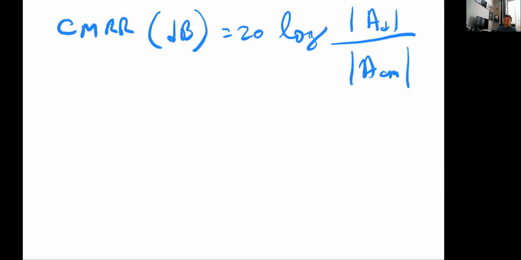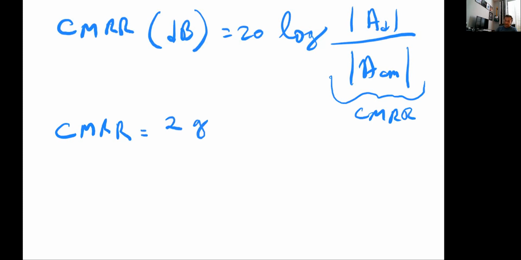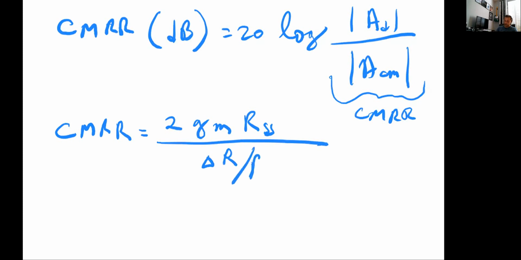And if we go back to the previous expressions that we have derived, the common mode rejection ratio, the quantity that is not in dB, another way of expressing that is 2 times the transconductance times the source resistance divided by that percentage of deviation of the RD. That's the term we introduced before.